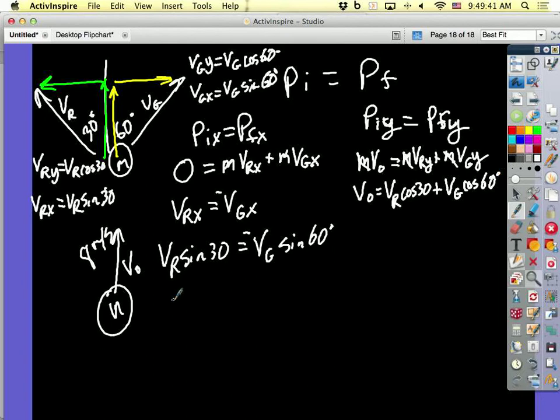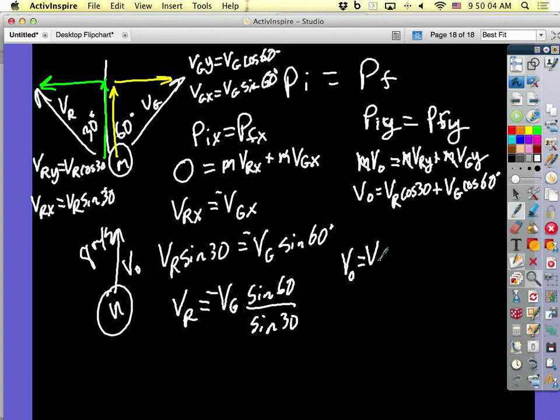We could say VR is equal to negative VG sine 60 over sine 30. Okay? And now we can plug that in.